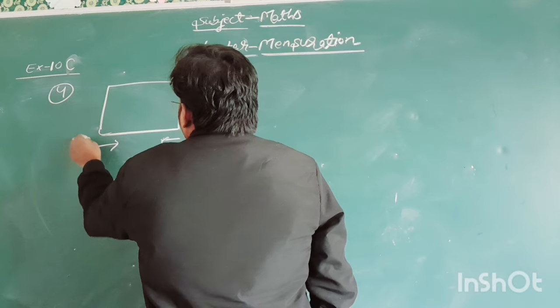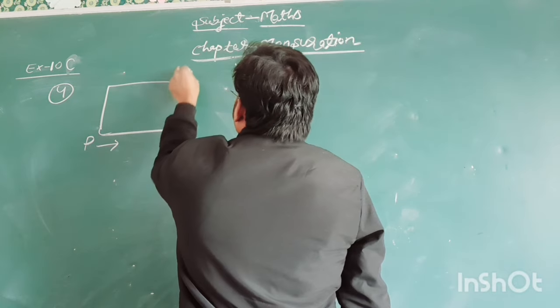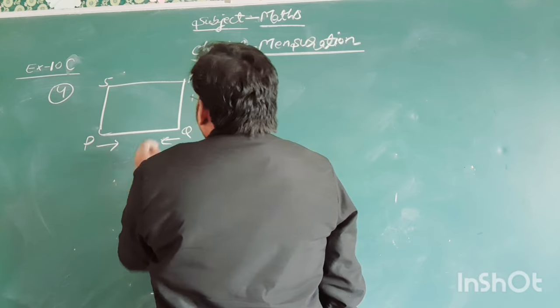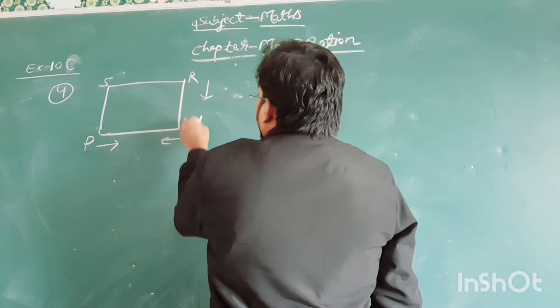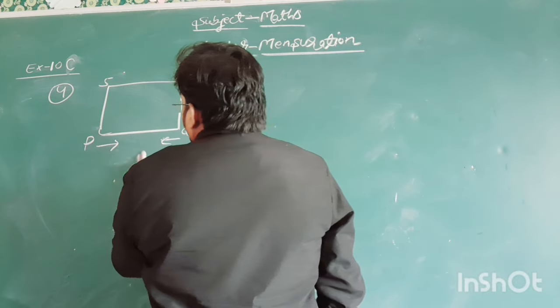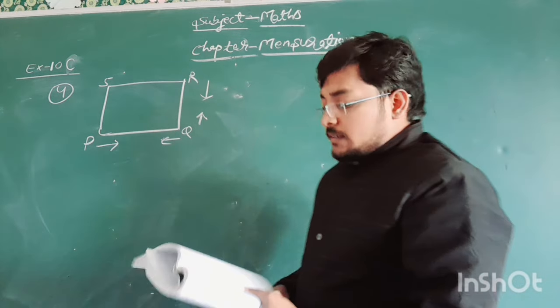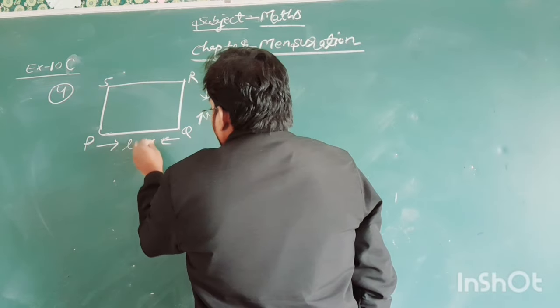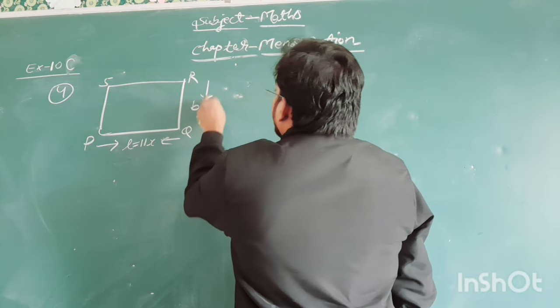If a rectangle is PQRS and the common ratio is x, then length of rectangle is 11x and breadth of rectangle is 10x.